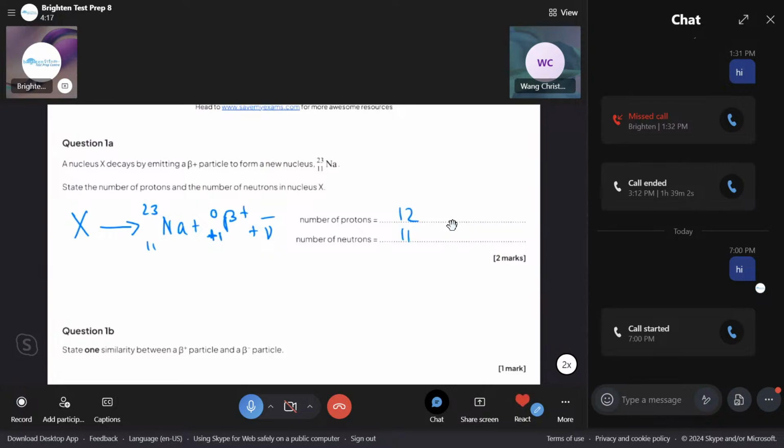If the result is a sodium with 11 and X has 12, where will it be in the periodic table, on the left side or on the right side? You answered the question already, but sodium has 11, so in which group will the new or the previous one be? Sodium is on the left.